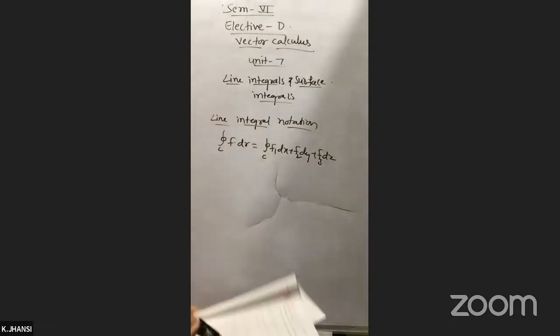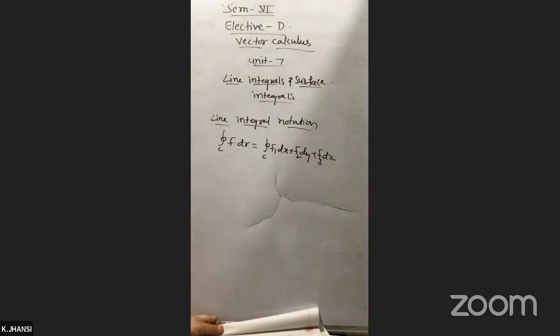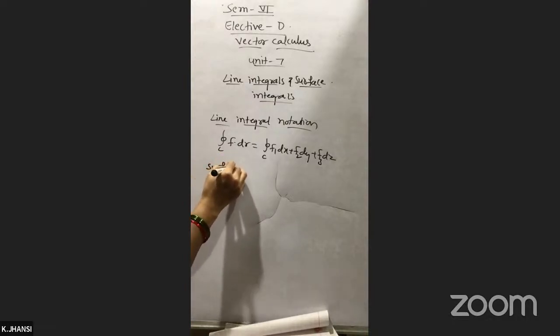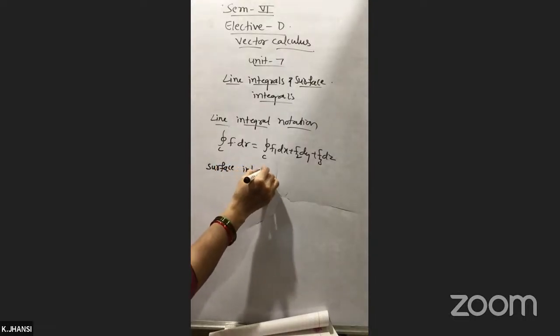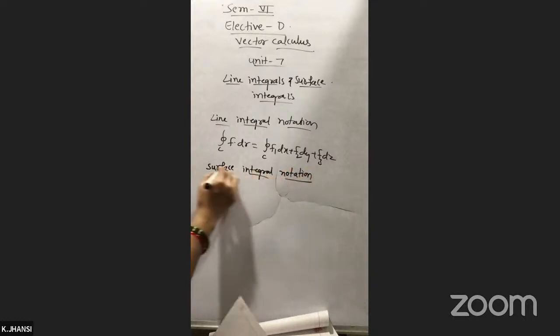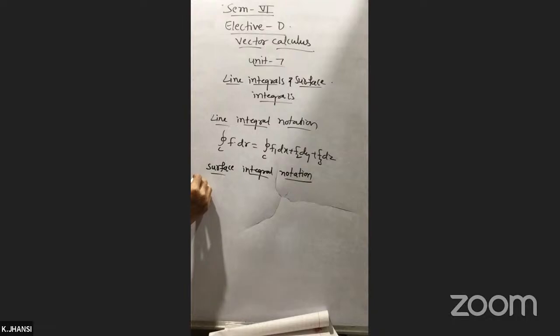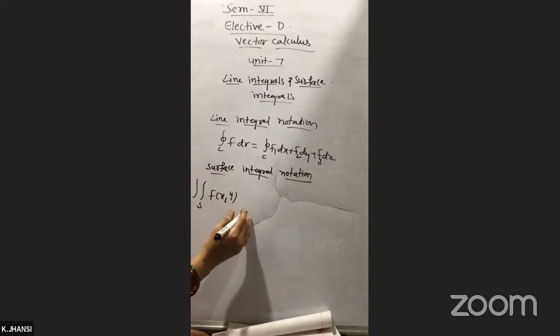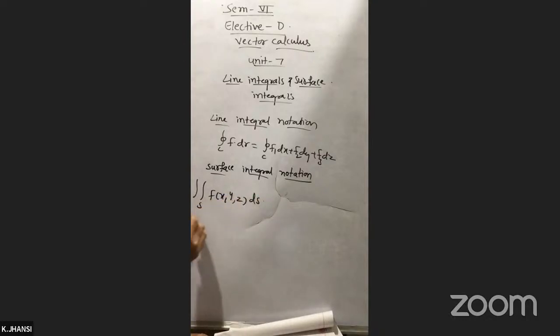Next, if we go to the surface integral notation, here you will have a double integration over S of f(x, y, z) into dS, or flux as we call it.